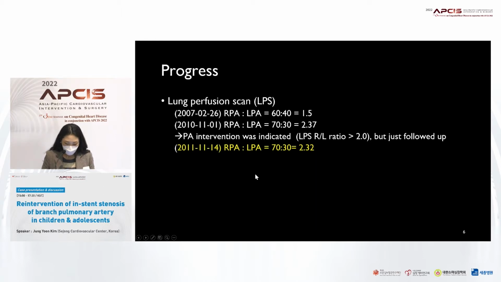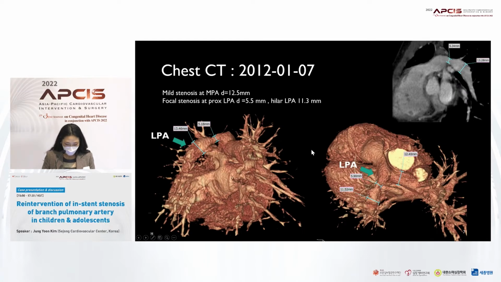Serial follow-up lung perfusion scan shows further aggravation of blood flow discrepancy, right-left ratio exceeding 2. So it is indicated for pulmonary artery intervention. Follow-up CT scan revealed mild stenosis of mid MPA and focal stenosis at proximal LPA, as you can see.